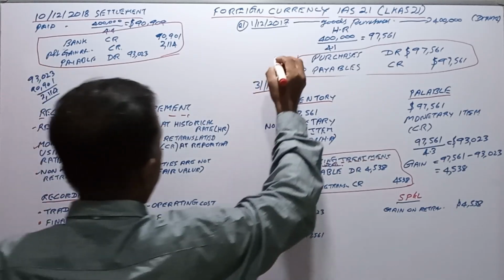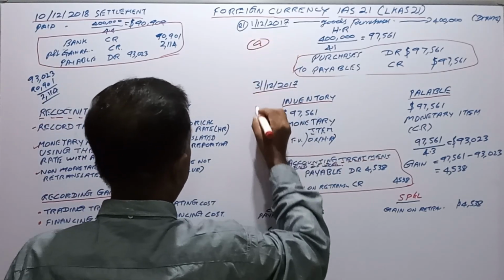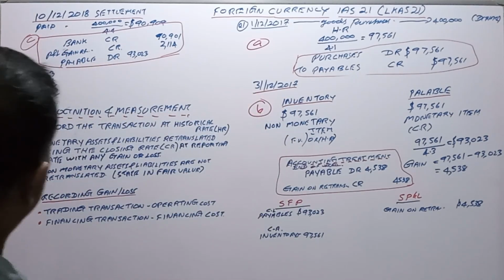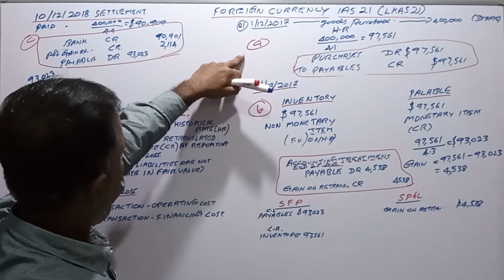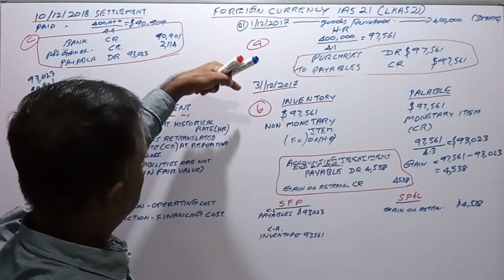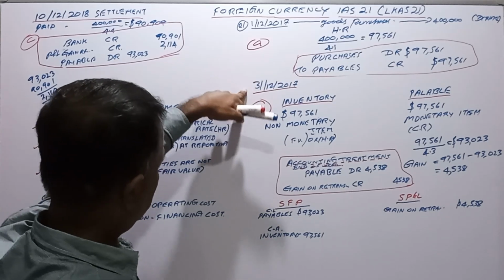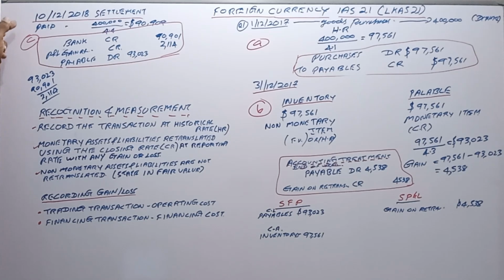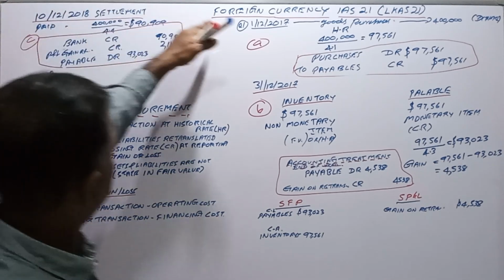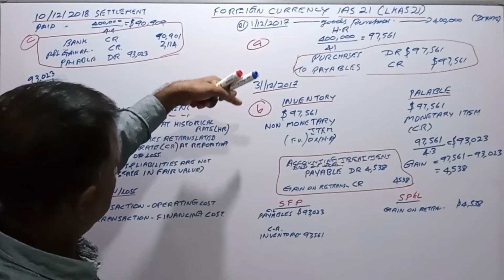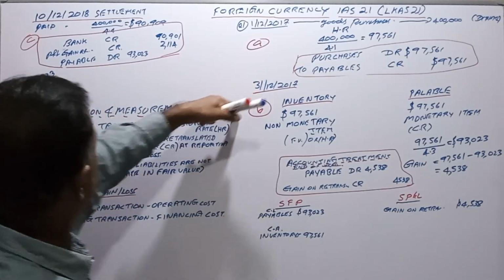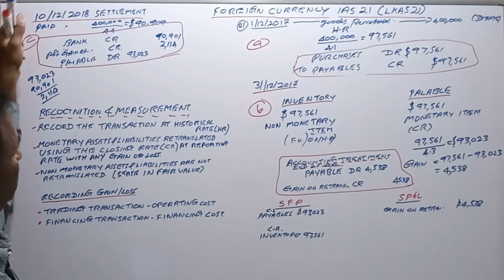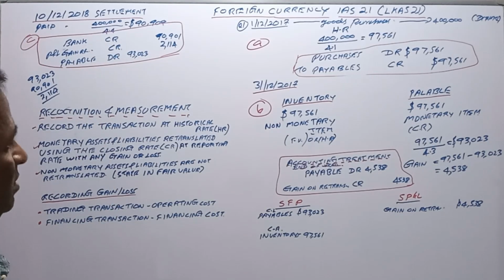This is A, this is B, this is C. This is the 1st of December when we are purchasing. This is the closing time of the books. This is the payment time when we are settling. These are the double entries.